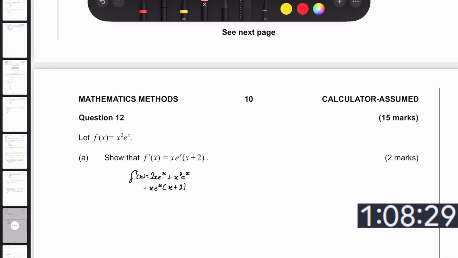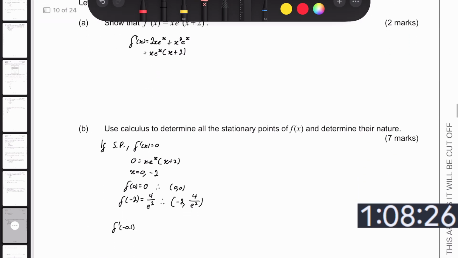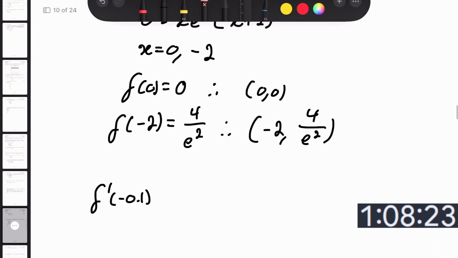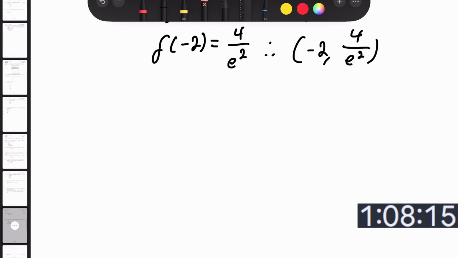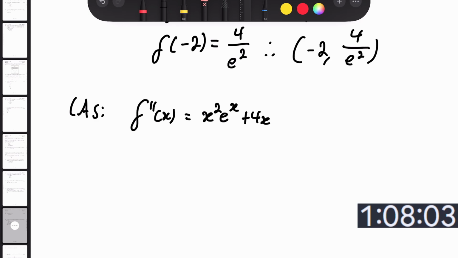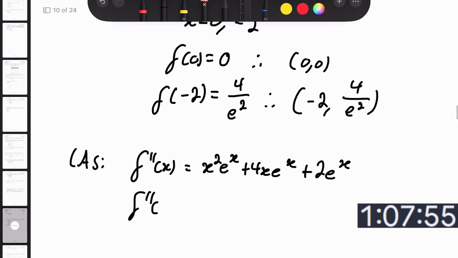Oh wait, I can just differentiate this in my calculator. So I'll do f double dash of x and say I did it on CAS. That gives me x squared e to the x plus 4x e to the x plus 2e to the x. Then at 0, that's going to give me 2, which is greater than 0, therefore a minimum point.